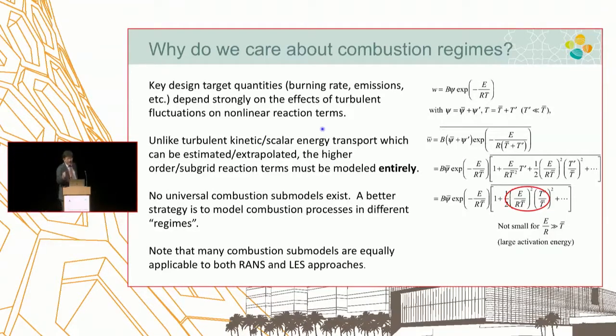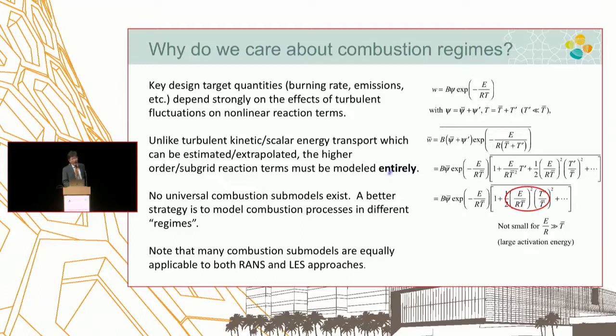That's really the main challenge of turbulent combustion modeling. The reaction term closure cannot be done in a way similar to the transport of kinetic energy. It has to be done from an entirely different perspective.